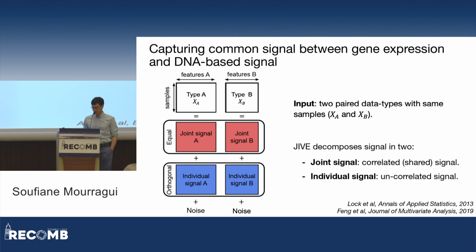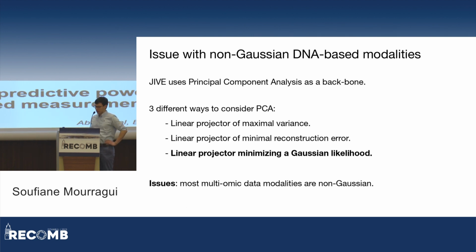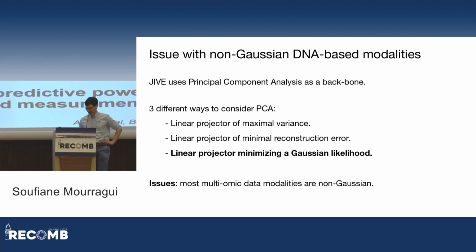And you can see that mutation is least predictive, followed by copy number. Methylation is a bit more predictive, and gene expression is actually as predictive as all of the other data types taken combined. And so what we want here is to try to find a bit of a sweet spot in this trade-off, and to use gene expression predictive power to guide prediction in DNA-based measurements.